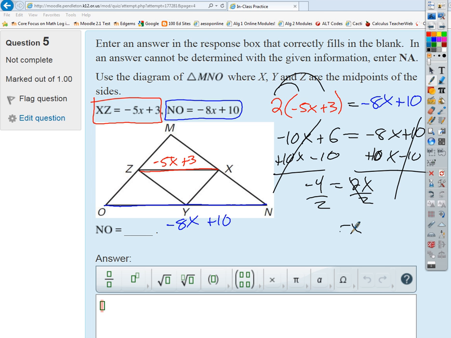So x equals what? Negative 2, right? Negative 4 divided by 2. So if I plug negative 2 in up here for x, what do I get for the length of segment NO? Negative 8 times negative 2 is 16 plus 10, 26. Right? Okay.